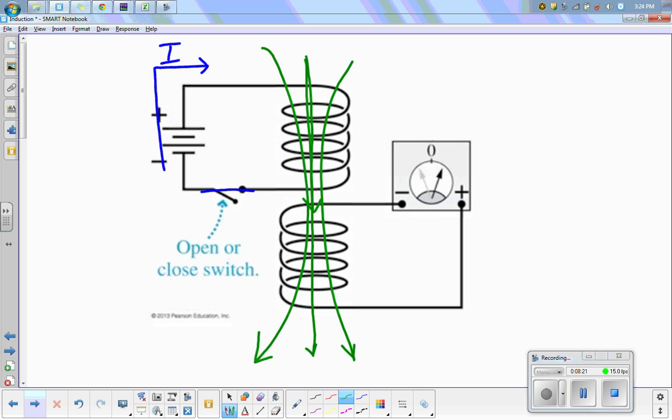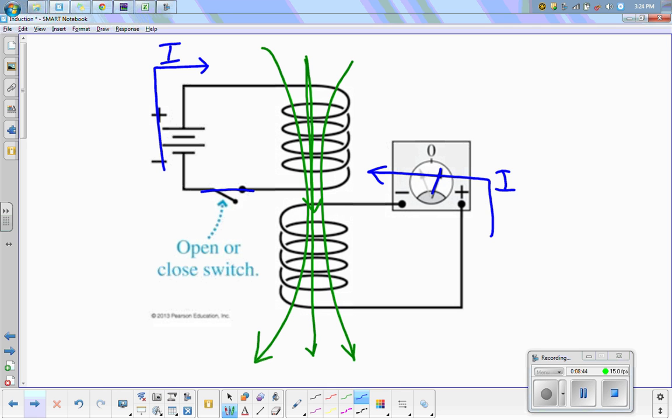In this second coil, it sees there's a magnetic field inside of the second coil. That magnetic field creates a current inside of the second coil, a brand new current, which is registered by this ammeter over here. This is electromagnetic induction. The current is not conducted from one wire to another, it is inducted from one wire to another.